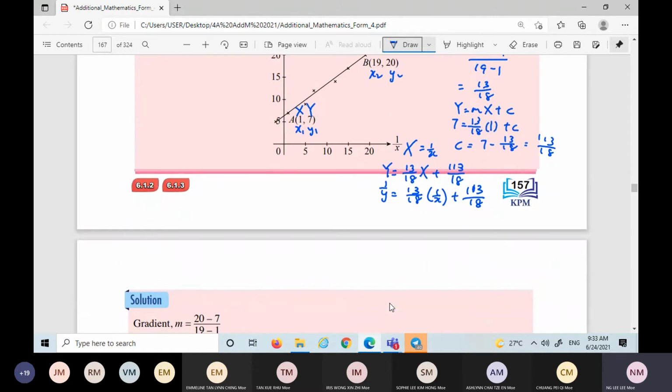So you continue. How to rearrange it? Try to make these two become a single fraction, and only then can you turn it upside down, because when you turn this one upside down it becomes y over 1, which is the y already. So this one will be what? Times x.